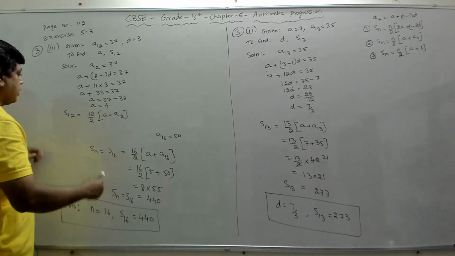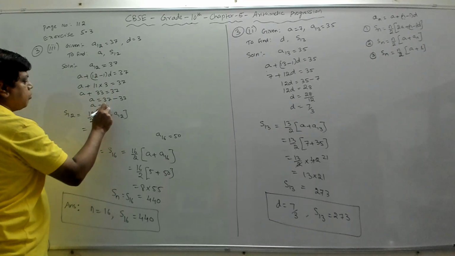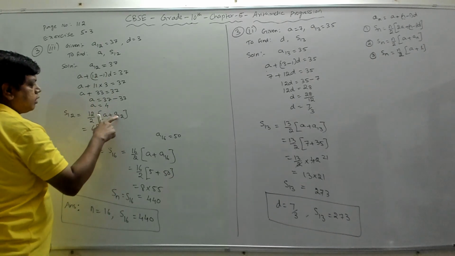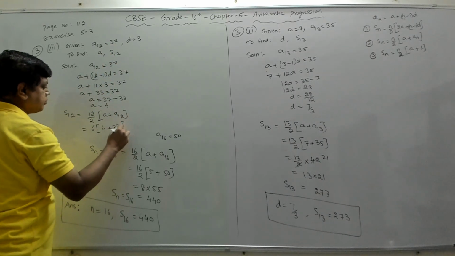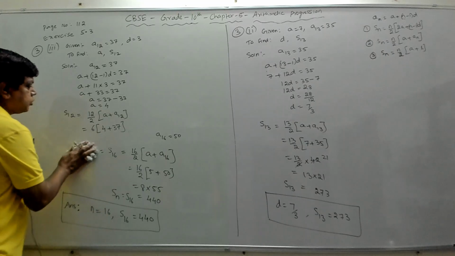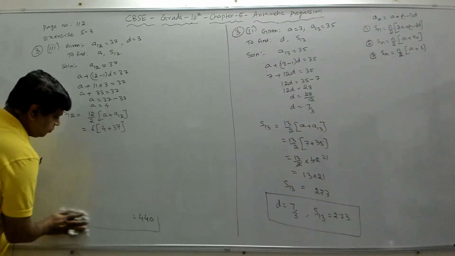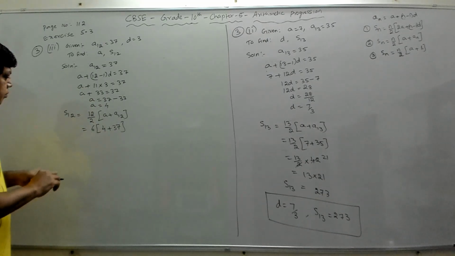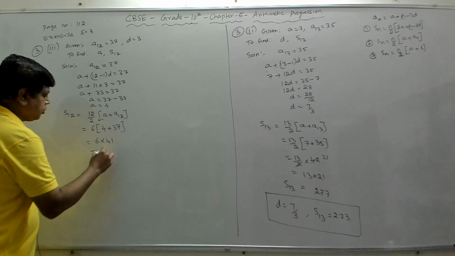So we get 6 into 4 plus 37, which becomes 6 into 41, which gives you 246.